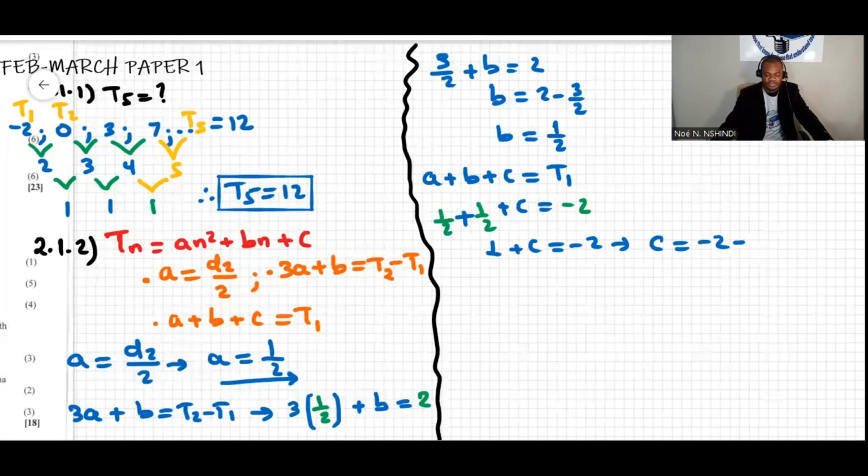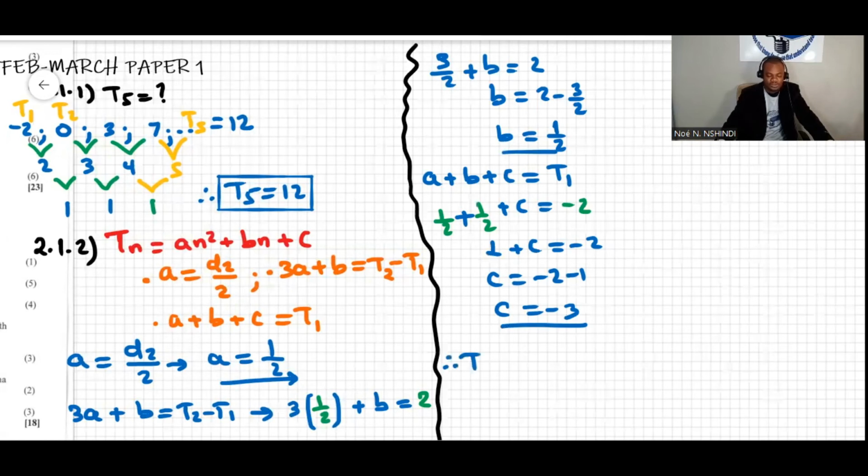Okay, I think I need some space, so I can write like this. This means c will be equal to -2 minus 1. Therefore, c is equal to -3. Then, because we found a, b, c, we can substitute.